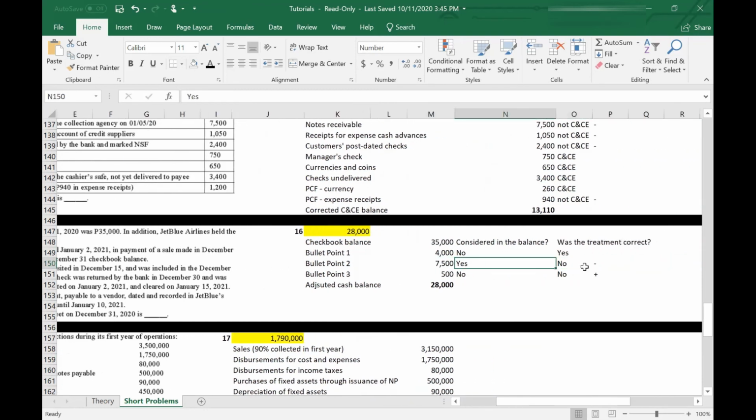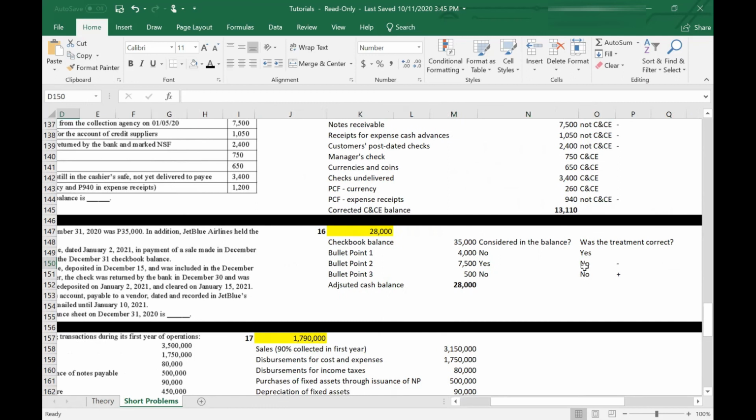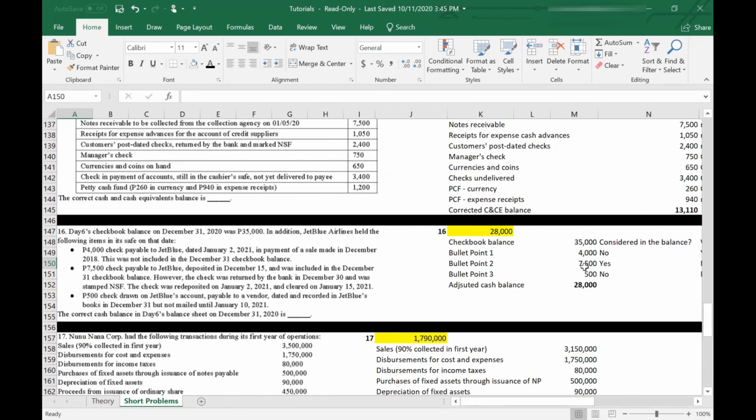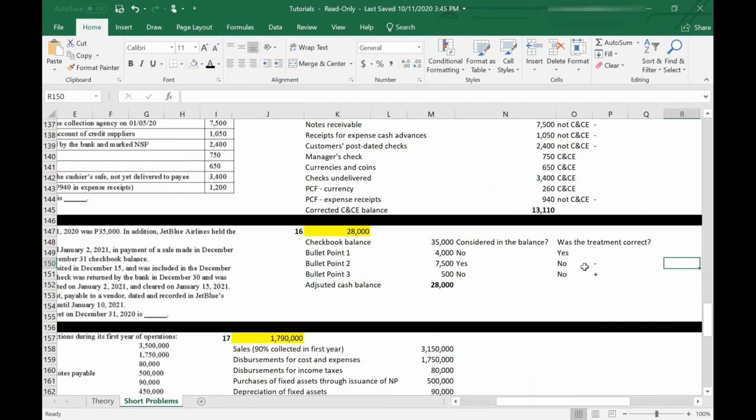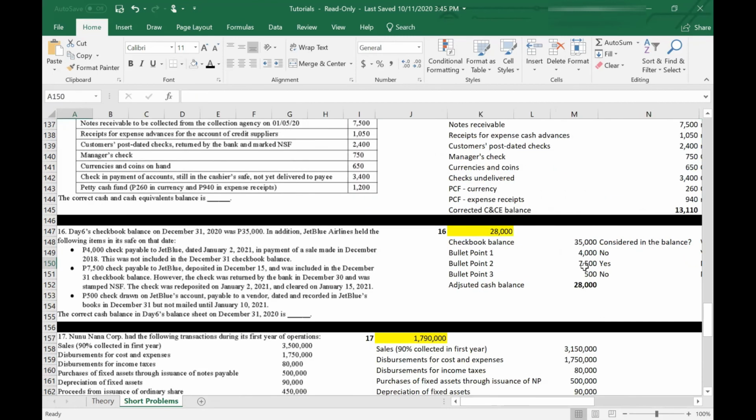This 7,500 is included in the 35,000, but it's a non-sufficient fund check, because as of December 31, 2020 it's an NSF check. It was only redeposited and cleared next year. So as of December 31, 2020, it should not be cash, but it was included in the balance. So we deduct 7,500.